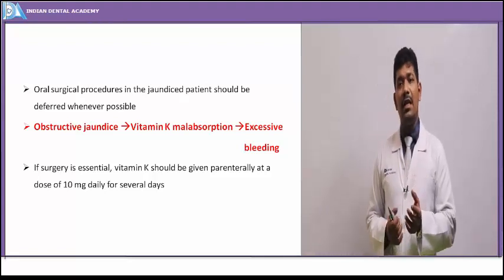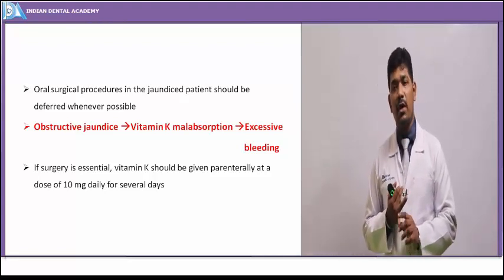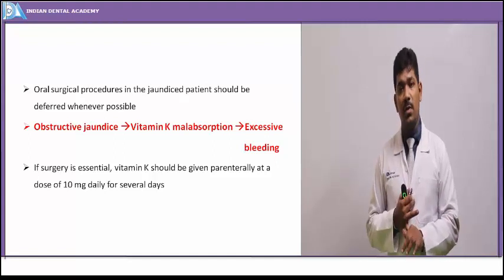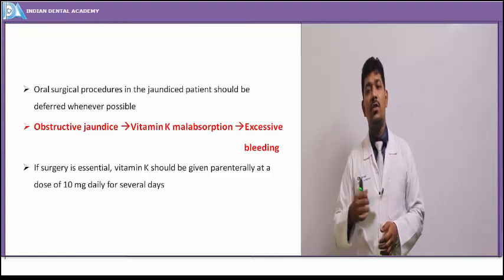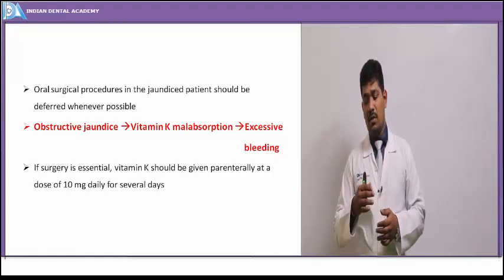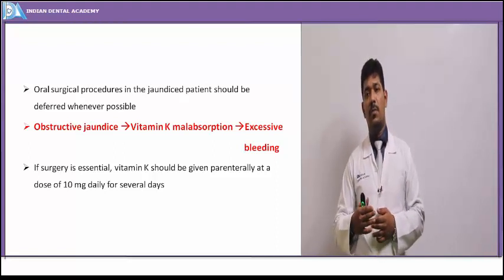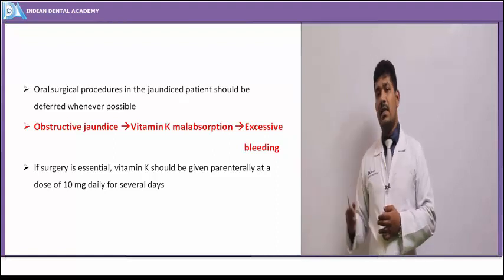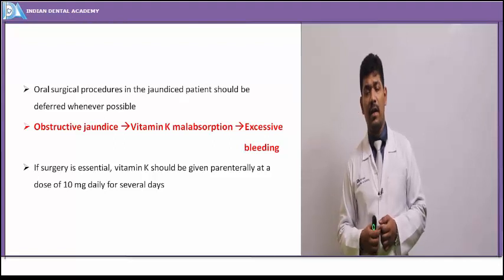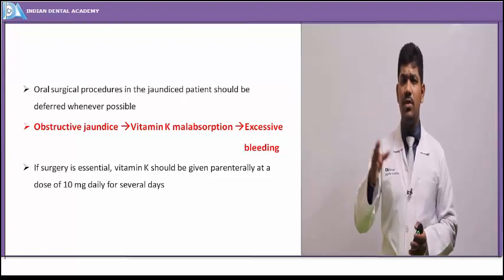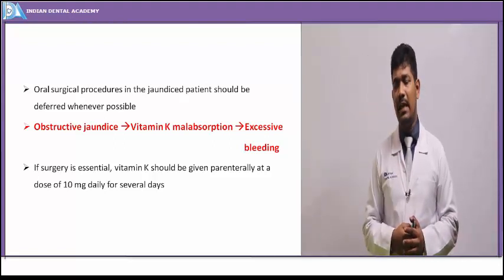Vitamin K is one of the most important vitamins responsible for the synthesis of coagulant factors. Because of the lack of absorption of vitamin K, there is a lack of sufficient amounts of these coagulant factors within the body, which directly results in excessive bleeding.